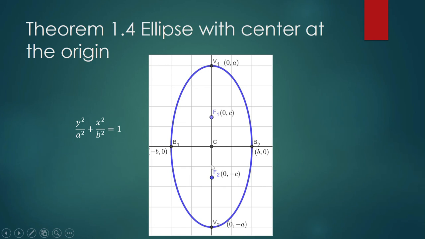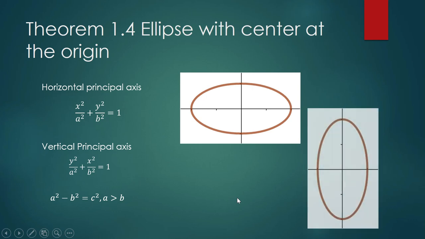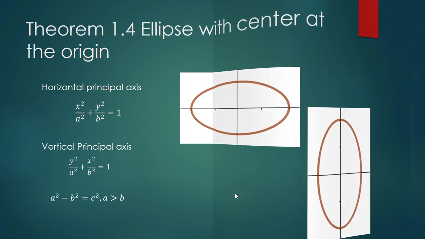And c will help us locate the foci. When a squared appears below x squared, a squared is the larger quantity between the two denominators, and our principal axis is horizontal. Otherwise, when a squared appears below y squared, our axis is vertical.